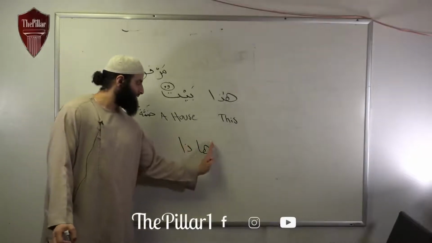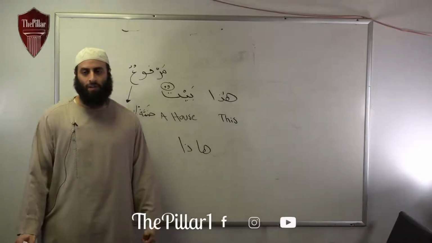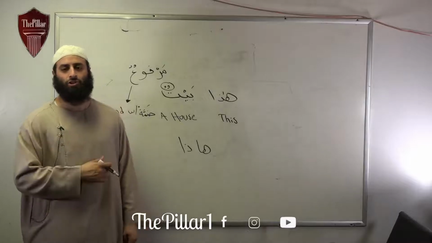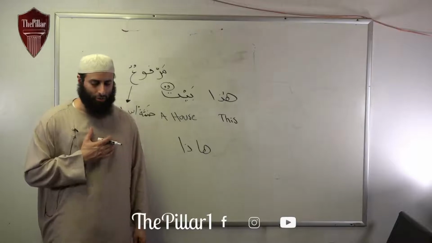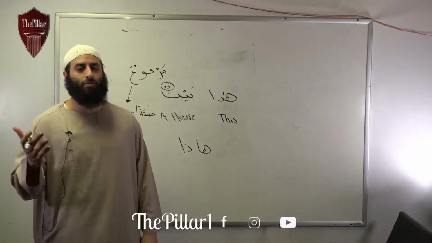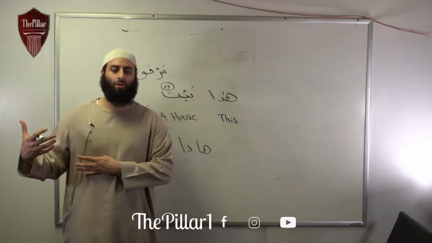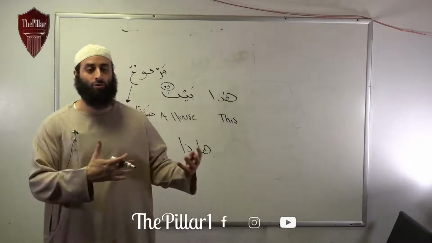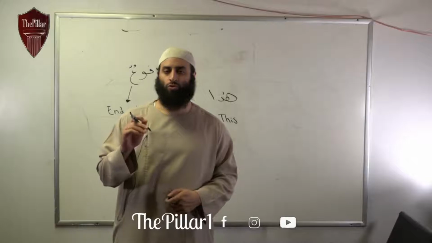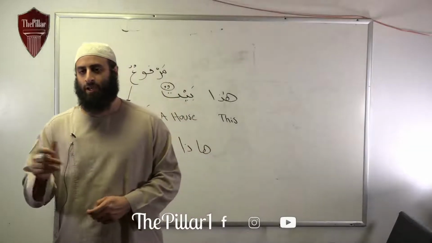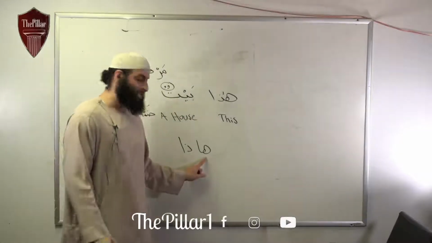This part here is used to get the person's attention. Ha. Just like you see in the Quran when they call out the people that get their book with their right hand, and the people that get their book with their left hand. What do they say? Ha umuqra'u kitabiya. See that ha? So it gets that person's attention.